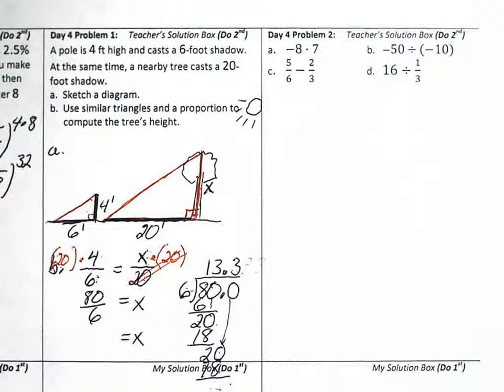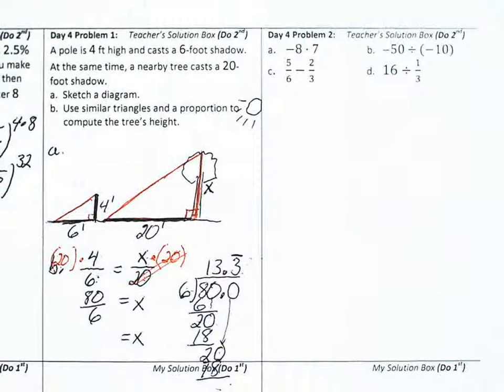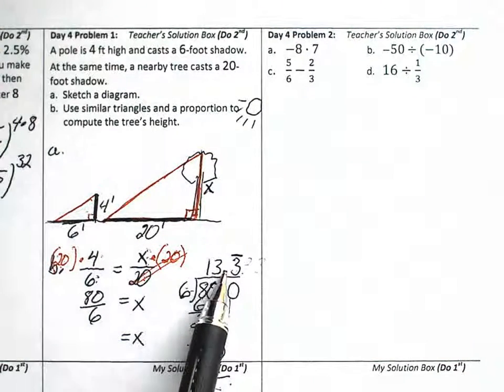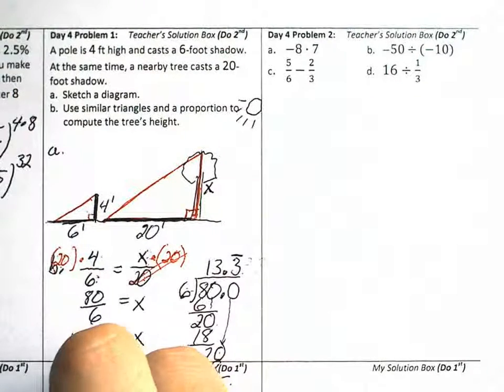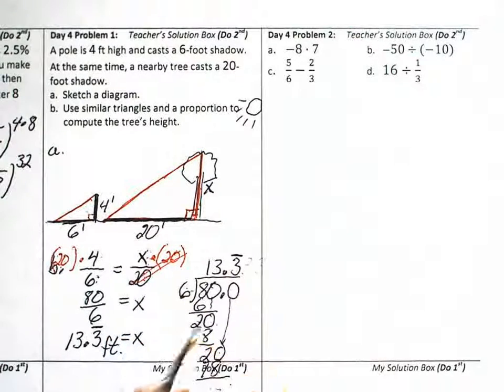And the way that you can show that a digit repeats is to put a bar above it. And so our answer for x is 13.3 repeating. So 13.3 repeating feet. And that is how tall the tree is.